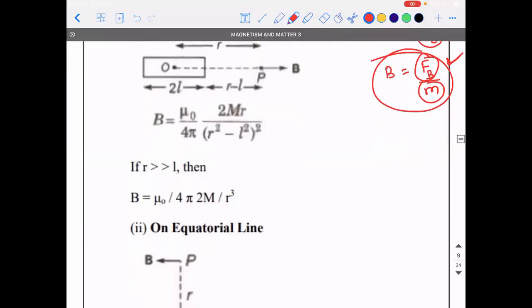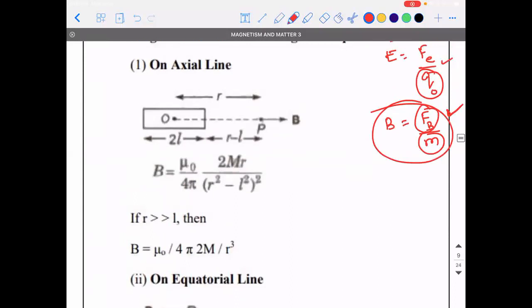Now, I have another question. Listen. So here, Q naught stands for the magnitude of which charge? Any charge, without the sign? No, it is the test charge. Yes, sorry.